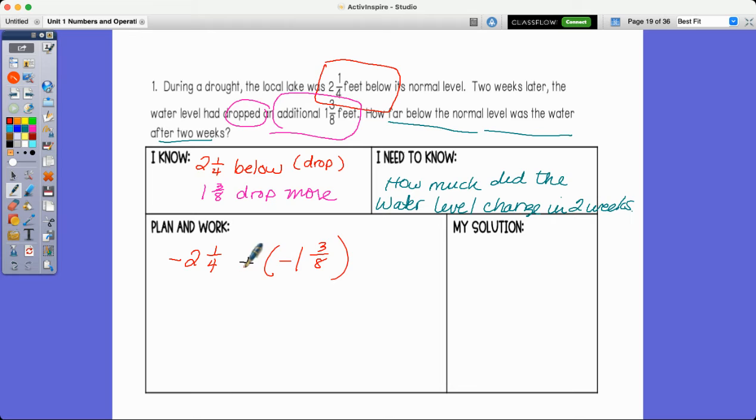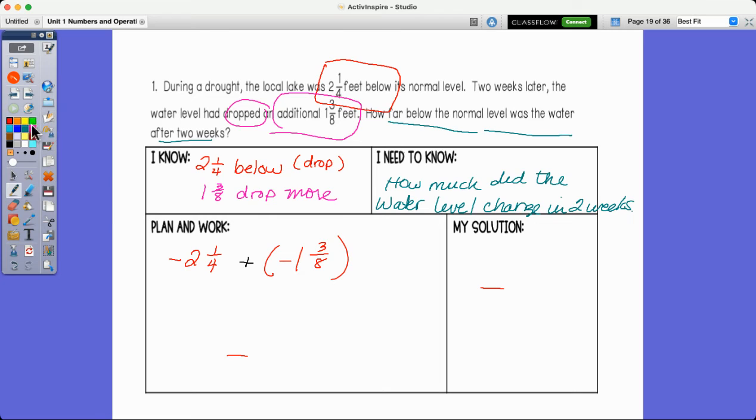So I am adding together 2 negative numbers. When I add together 2 negative numbers, I'm going to have a negative answer because they are the same sign. So we're going to keep the sign. So I know for sure my answer is negative something. Okay, so I'm going to put my solution over here, a negative sign.